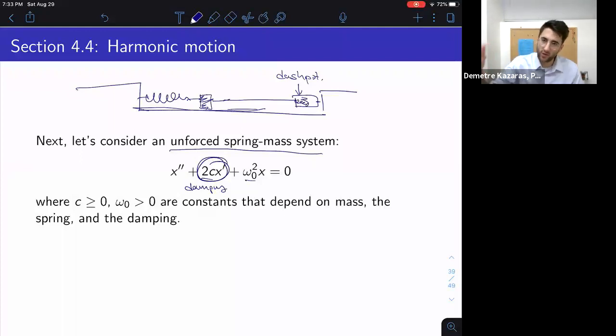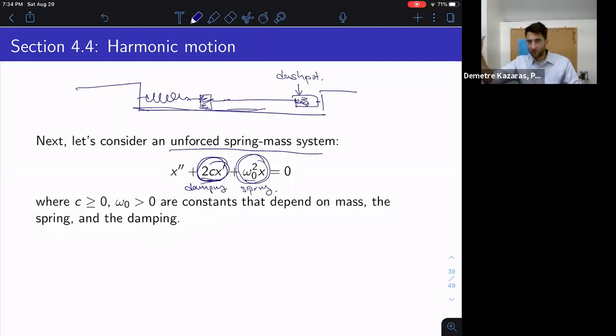And if you wanted to imagine this differential equation as modeling a specific situation, you could imagine this one, where on one hand, you have a spring that's forcing your motion. And then on the other hand, you have this dashpot, which says that, oh, if you go too fast, I'm going to dampen your motion in a way that's like this, 2c x prime. Okay, so you got that, and you got this one from the spring.